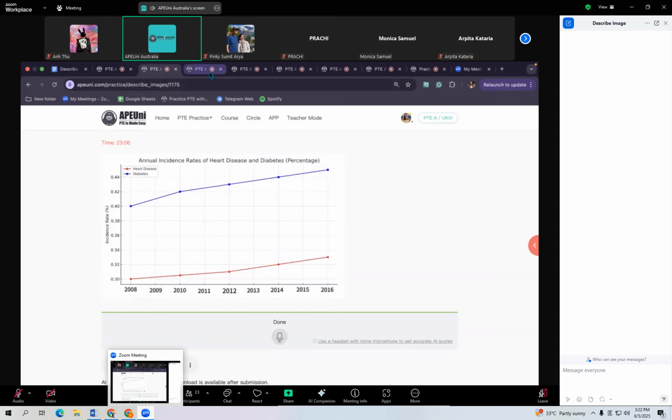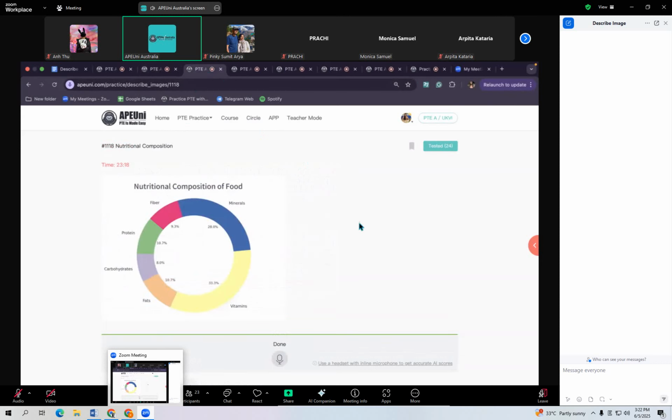The last one, our pie chart: after analyzing this image, it can be concluded that there is an increasing trend of vitamins and a decreasing trend of carbohydrates.